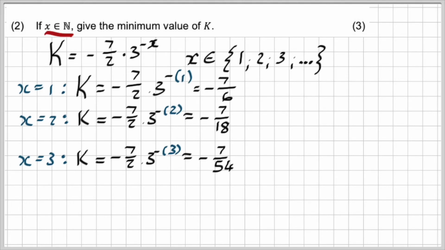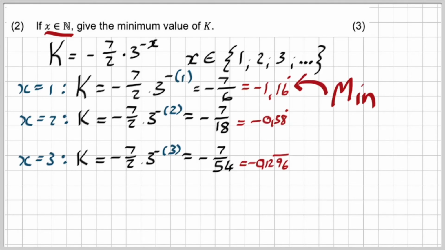So let's quickly look at those values. Now I'm going to take it from fractions and put it into decimals. If I look at the decimals, those are my values. Now you can put it in your calculator and get those values. If you look closely, the minimum is negative 1.16 recurring.